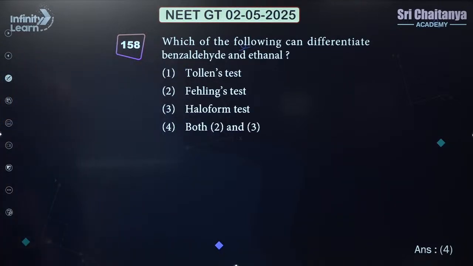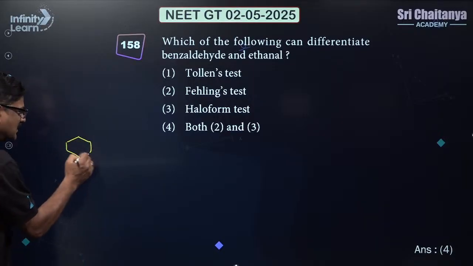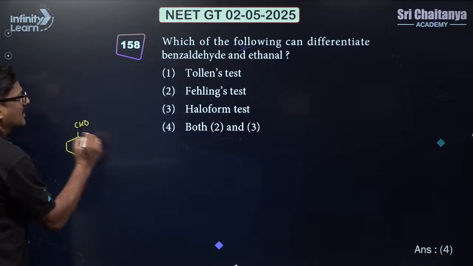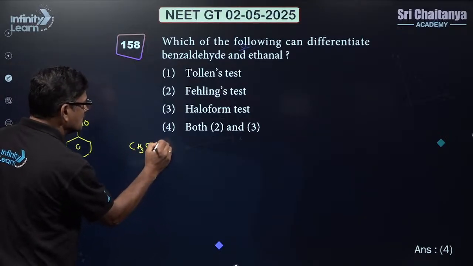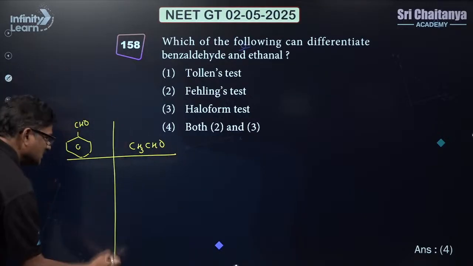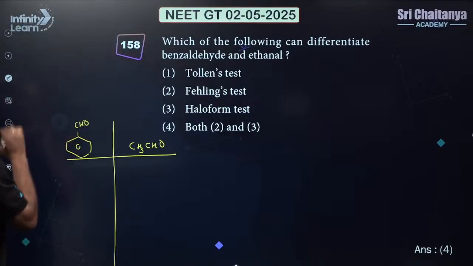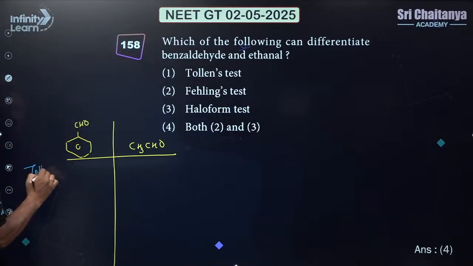Which of the following can differentiate benzaldehyde and ethanal? This is your benzaldehyde, and ethanal, CH3CHO. Let us see here: Tollens, Fehlings, and haloform.